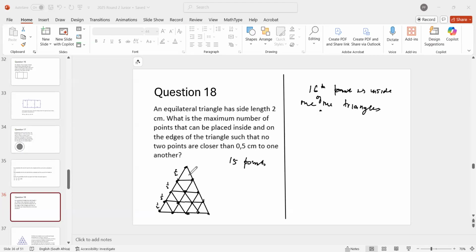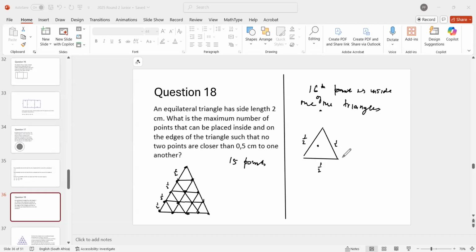It will be less than half from one of these chosen points. So let's see why that is the case. Let me magnify that triangle. And we know that the side of this is a half now. It's going to be inside one of these triangles.